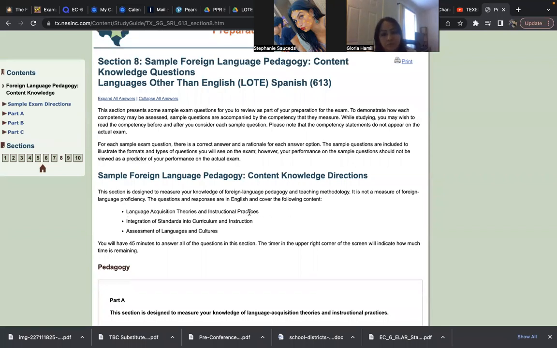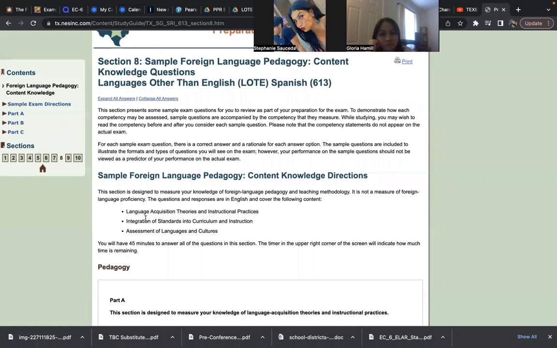So it's no longer about the other language, other than English or Spanish or whatever. It is about your application of pedagogy. Part of that is understanding language acquisition, how students at different ages acquire language, and how best to help and support them.